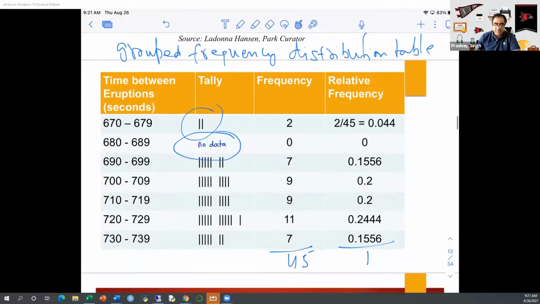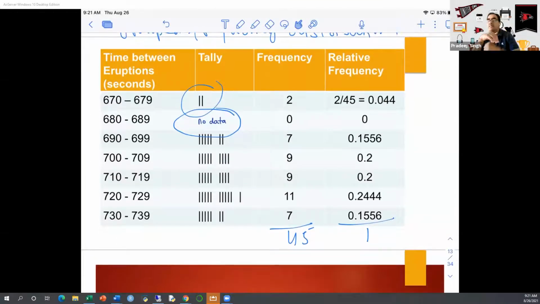And then for grouped frequency, we will have something like this, where we come up with classes, so 670 to 679. All the values which are 670 to 679, inclusive of 679, are going to be tallied in that class, right? Similarly, 680 to 689, all the way up to 730 to 739. So you can see 1, 2, 3, 4, 5, 6, and 7 different classes, 45 values.